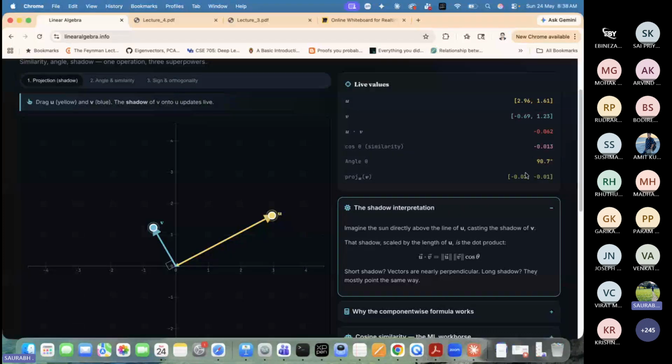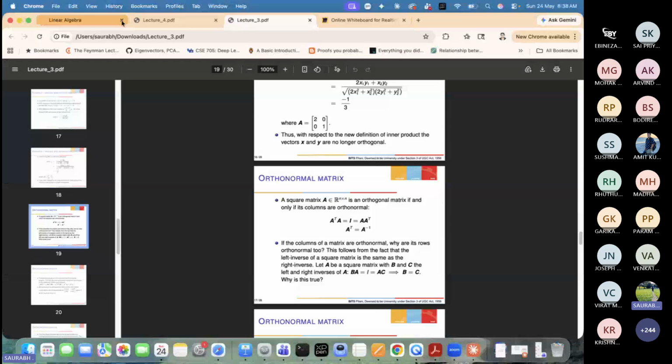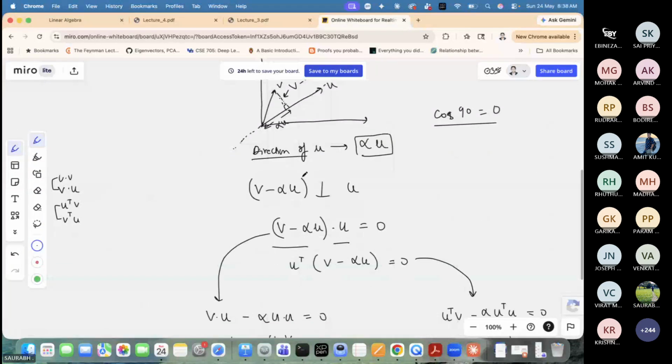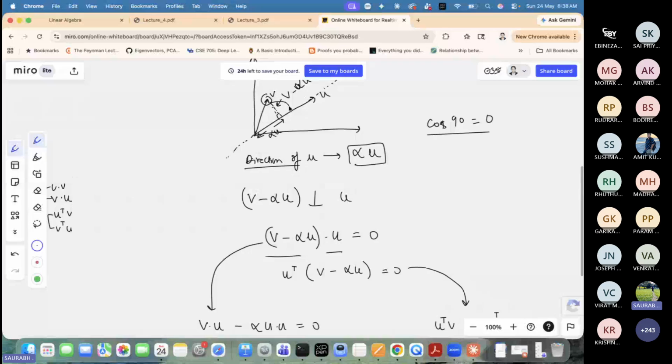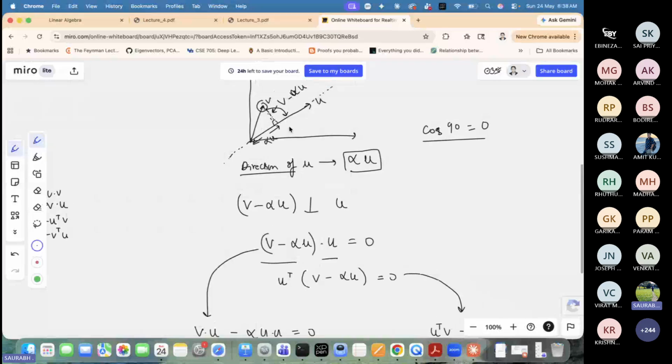The second question was about the whiteboard. If you think of it, we want vector v to be projected in the direction of u. So where would that projected vector lie? Let's say this is the v vector, this is the u vector. We want to see how much of v is aligned in the direction of u, right?